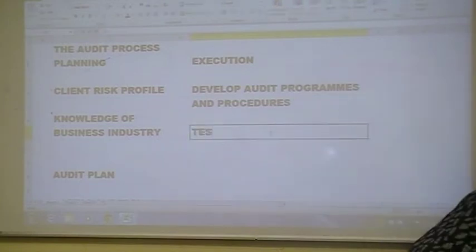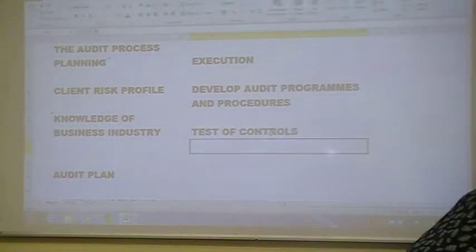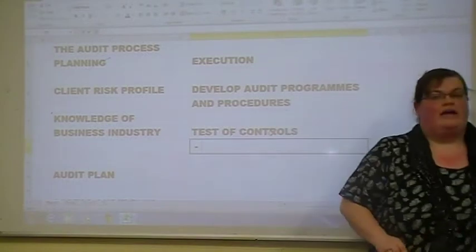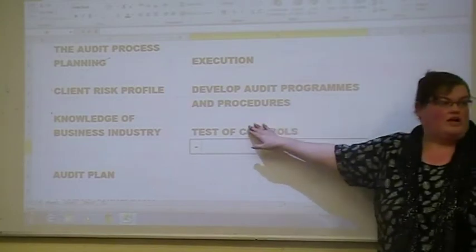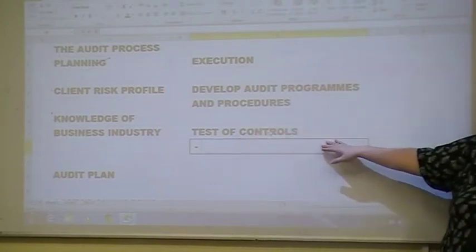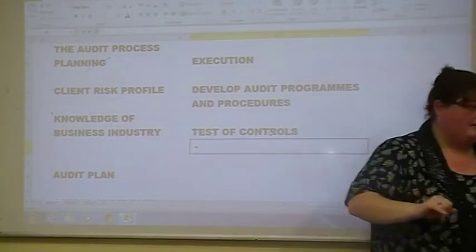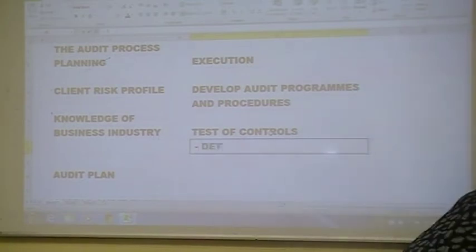We're going to test the controls. Okay, and these are our internal controls we're talking about now, the internal controls of the company. And the reason we're testing them is to see how we're going to determine their reliance.